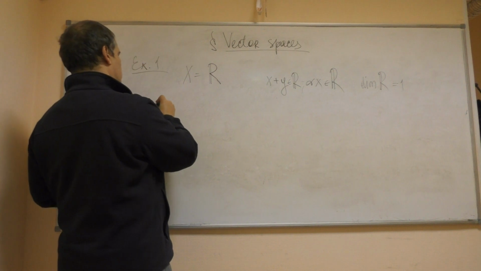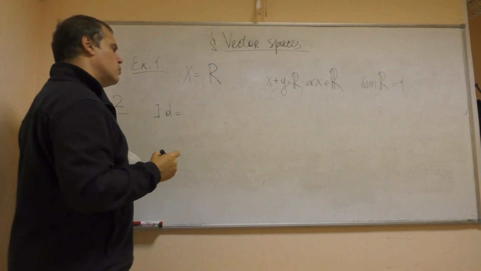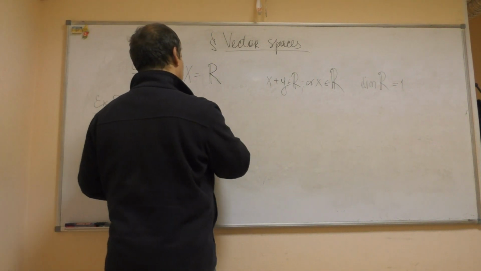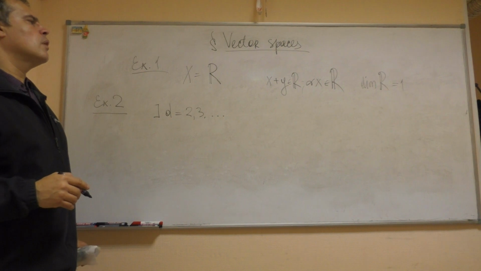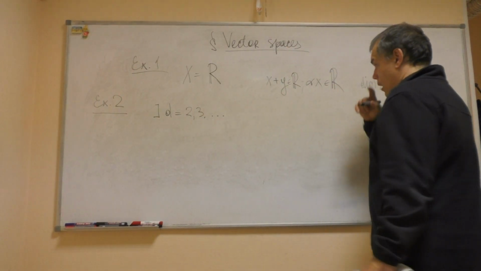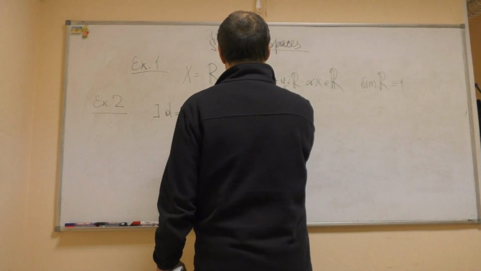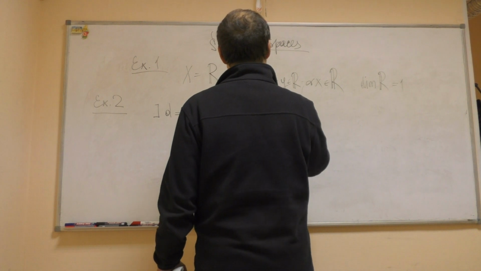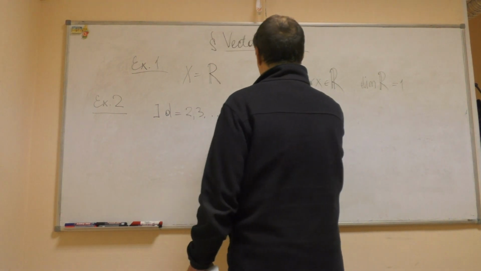A little bit more complicated example. Let d be some natural number, starting from 2, 3, and so on. Some given natural number. And let's consider the space of d-dimensional vectors.